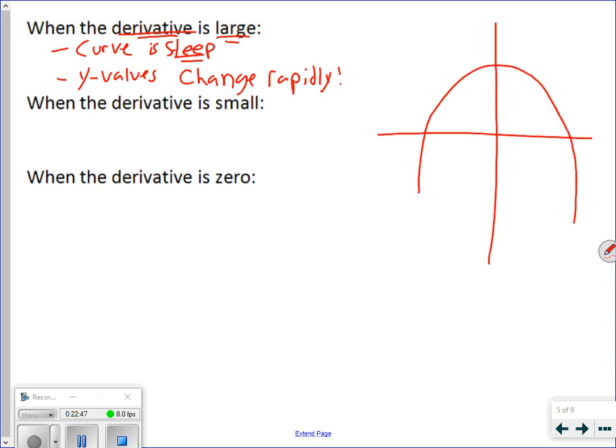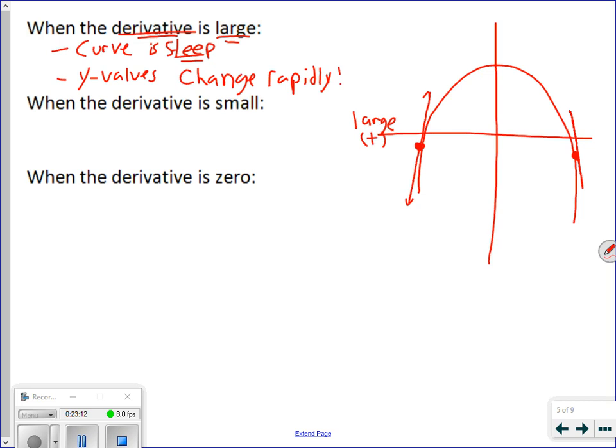Well, where is the rate of change the highest? All right, where is it the biggest? How about right here? What about this instantaneous rate of change? If I were to draw a tangent line right there, wouldn't that be a very steep slope? That'd be a large positive slope. Same thing over here. This is a very large number.